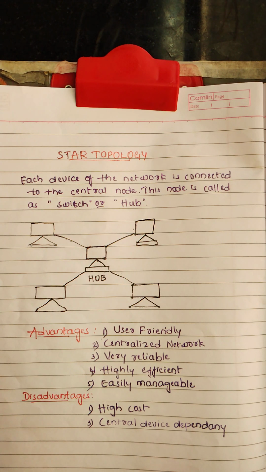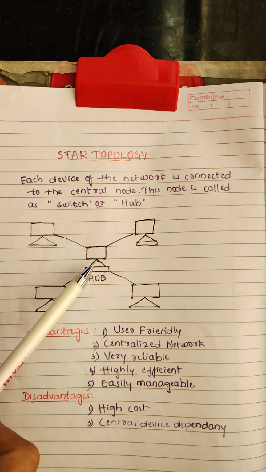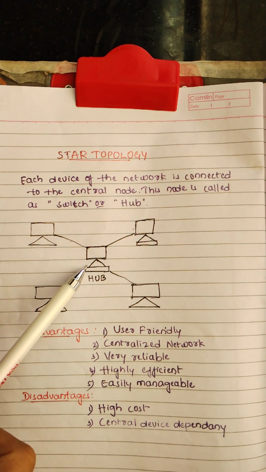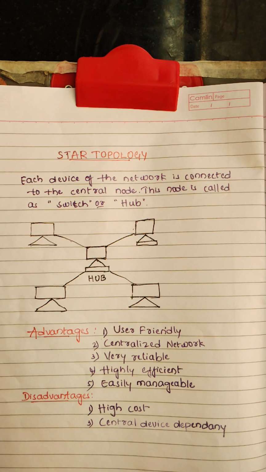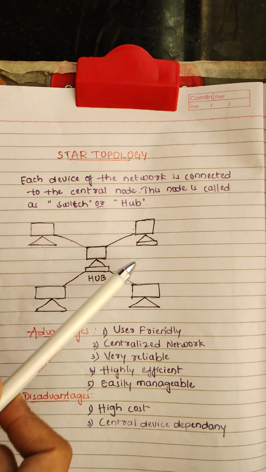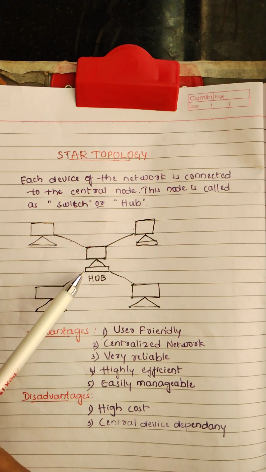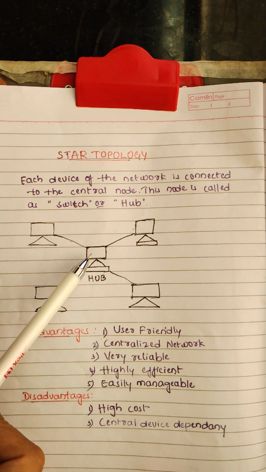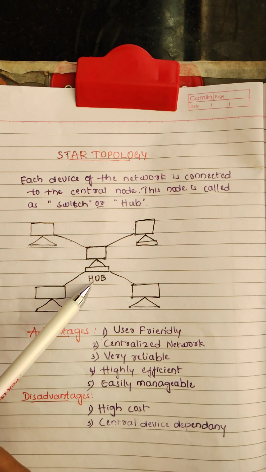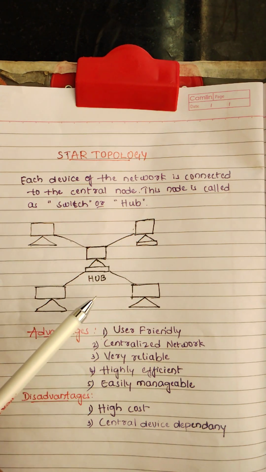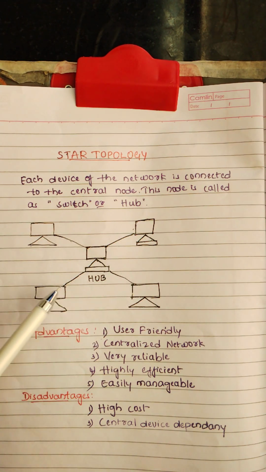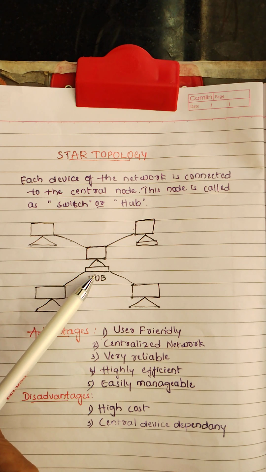It means that in the diagram we showed there is one machine. To this machine all other machines are connected, and the central machine is called a switch or hub, and the remaining devices are connected to this central hub.